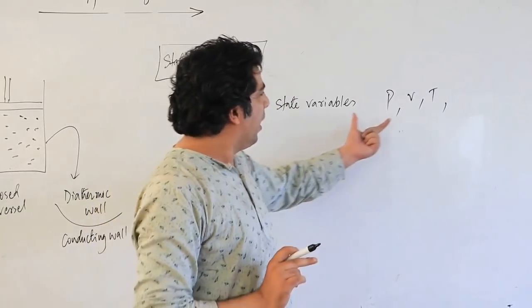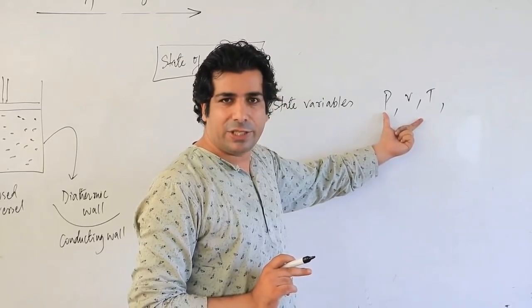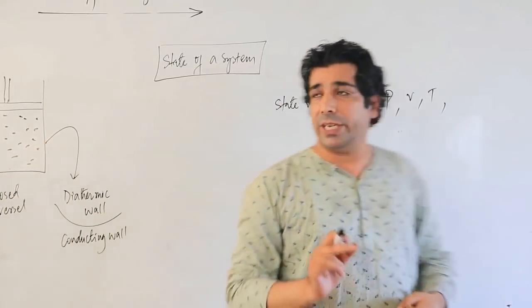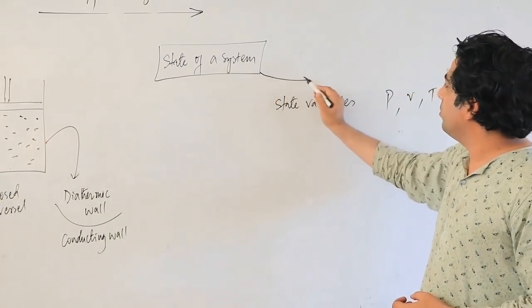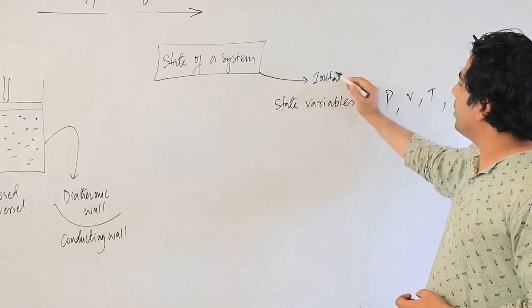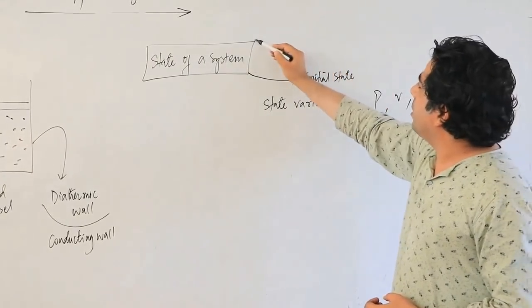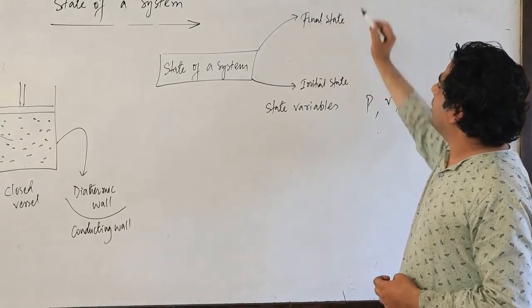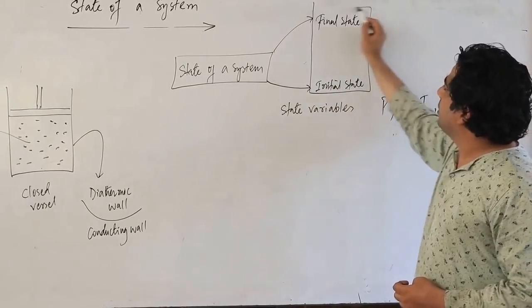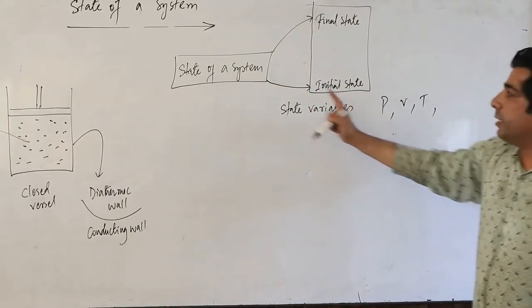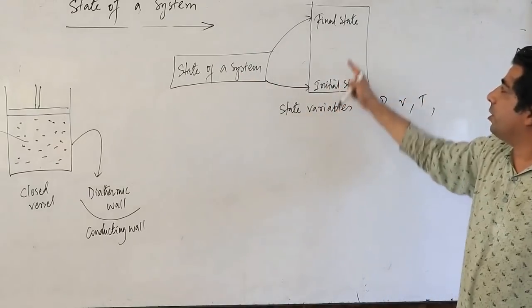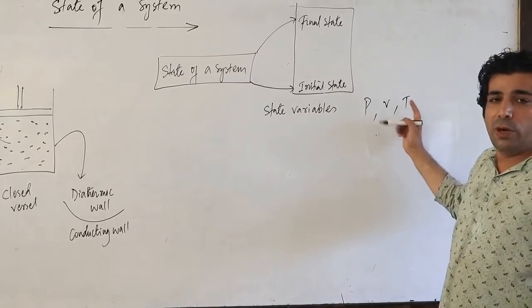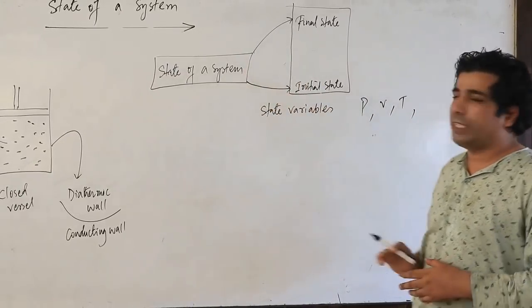So let us understand how when these things change, the state of a system will also change. And how does the state of a system change? The system can move from its initial state to the final state. That means, my dear friends, if you change the pressure, the state of system will change from initial to final. If you change the volume, if you change the temperature, obviously the state of the system will change.